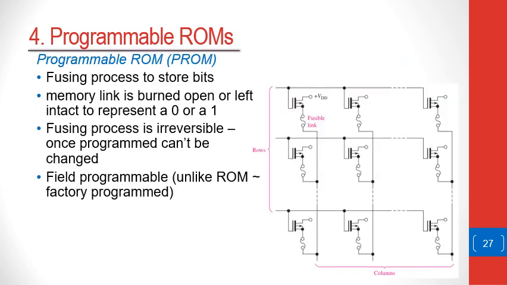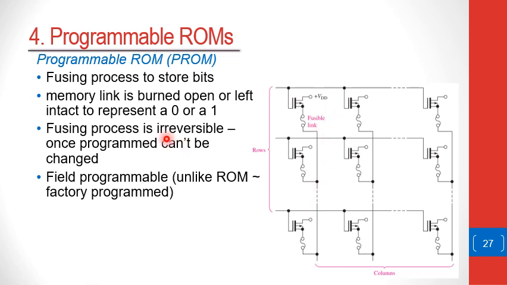Programmable ROMs use the fusing process to store bits, and the memory of a programmable ROM will have fuse links as well as the MOSFET transistors linked to them. The memory link is blown open or left intact to store either 0 or 1.